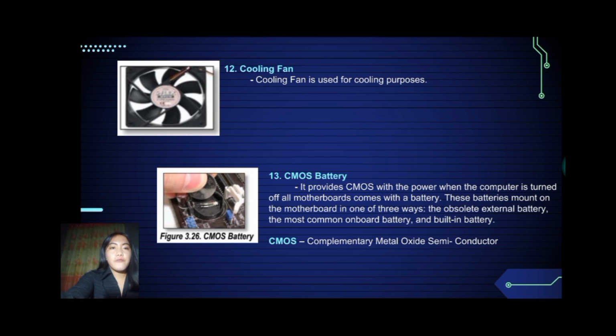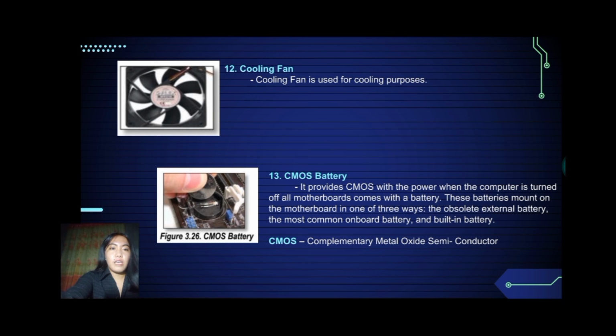12. Cooling fan. It is an electrical device used to cool down components or equipment by circulating air or removing heat from them. It is commonly used in various applications such as computers, electronic devices, automobiles, and industrial machinery. 13.